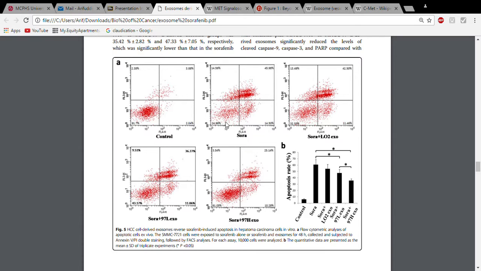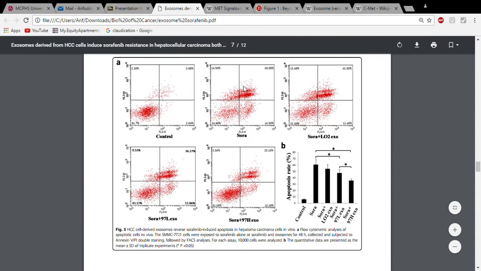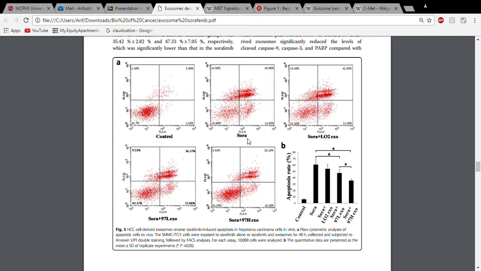But then in the cells treated with sorafenib, we can see many more apoptotic cells, a lot more in the late apoptosis stage. That's normal because sorafenib induces apoptosis; that's how it treats liver cancer, by inducing apoptosis in cancer cells.